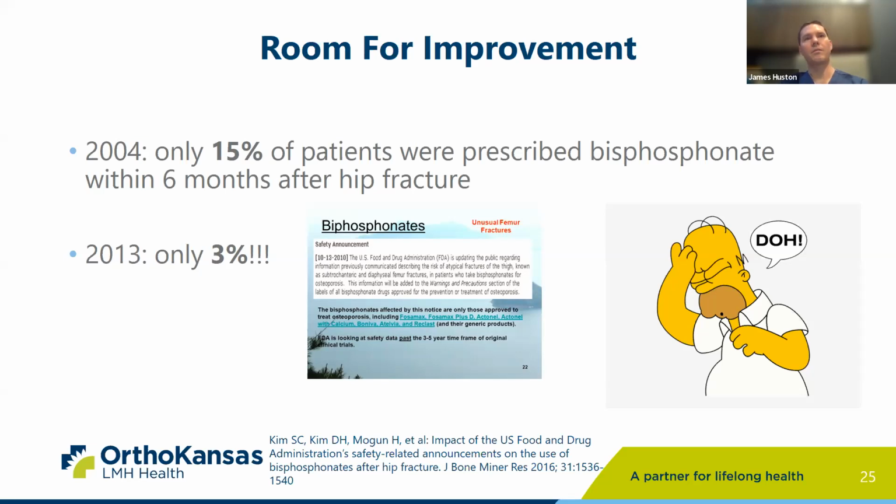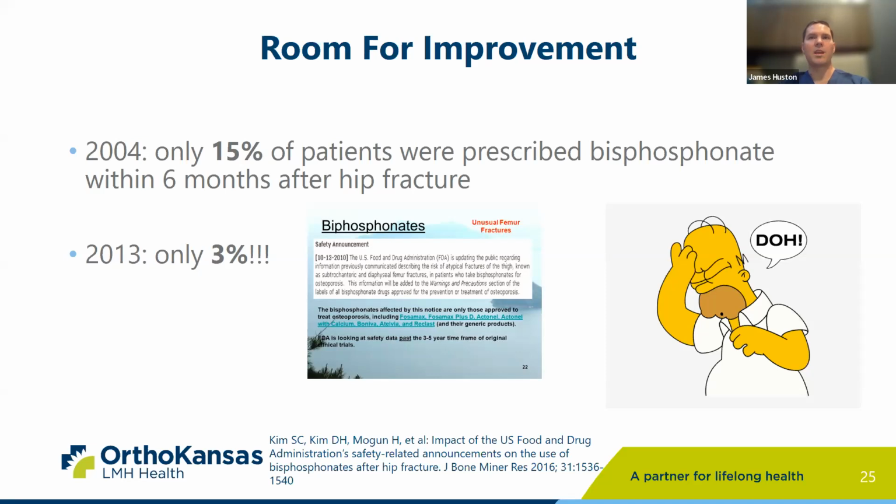That number actually got even worse because of some of these safety announcements that came from the FDA as the medications were studied, and some of these adverse side effects, such as the subtrochanteric fracture, were identified.